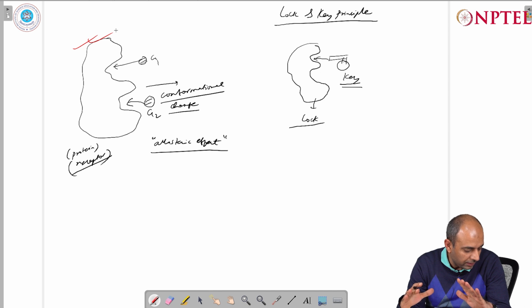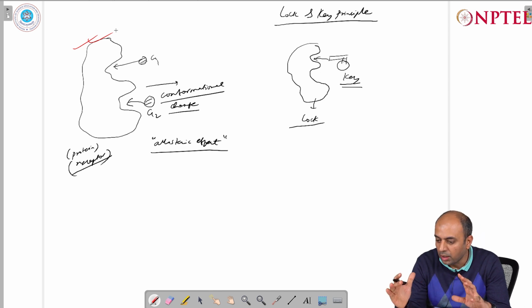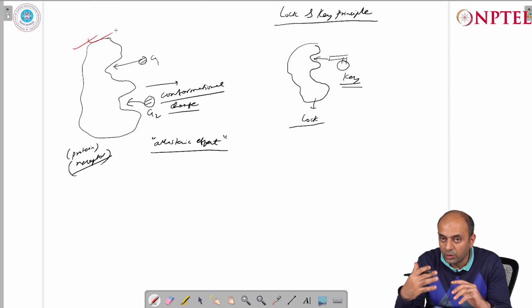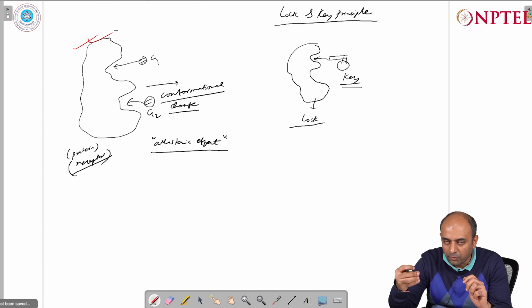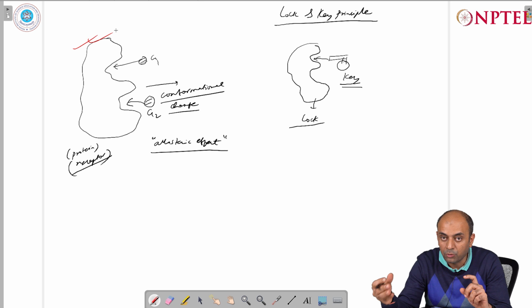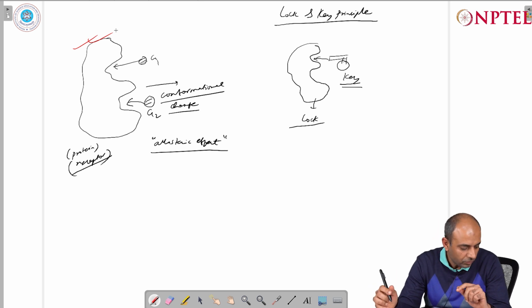It is a very simplified picture, but in reality it is actually a more conformationally flexible process where the protein can sample different conformations and the ligand molecules will go and bind at specific sites governed by thermodynamic principles.